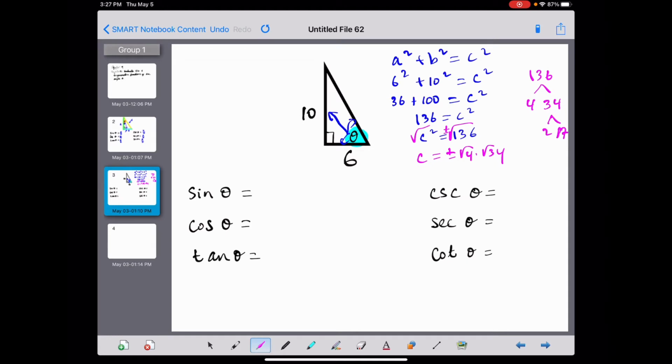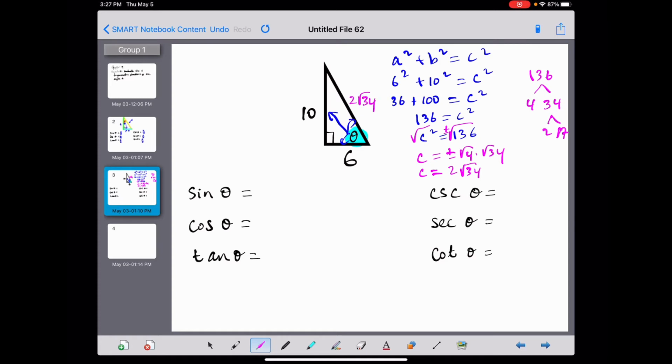So c equals plus or minus the square root of 136, which is 4 times the square root of 34, so 2 square root of 34. Since we're talking about length, our answers can only be positive. So the hypotenuse is 2 square root of 34.